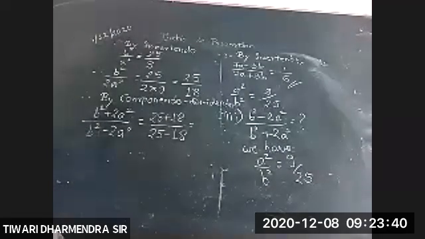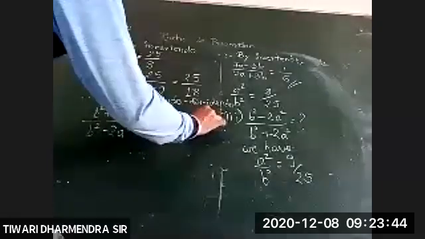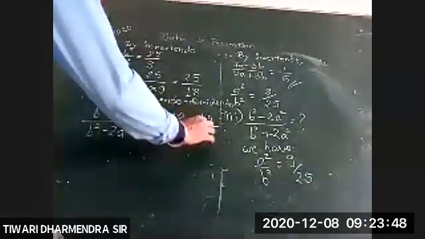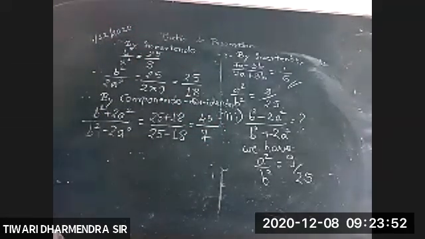So 25 plus 18 is 43, upon 25 minus 18 is 7. Do they have any common multiple? No, they don't have any common multiple.